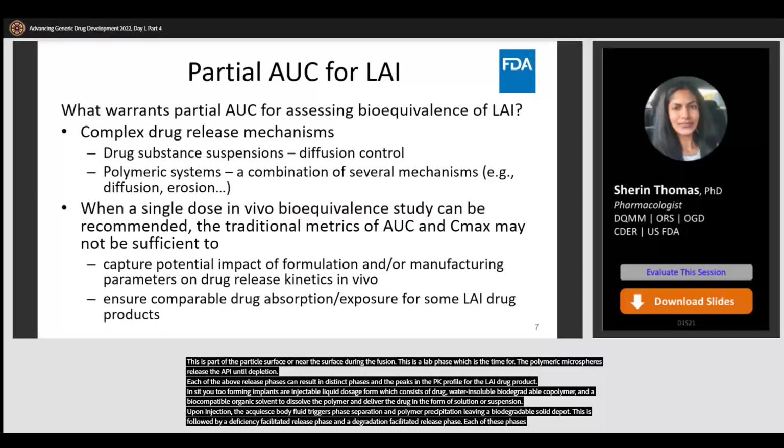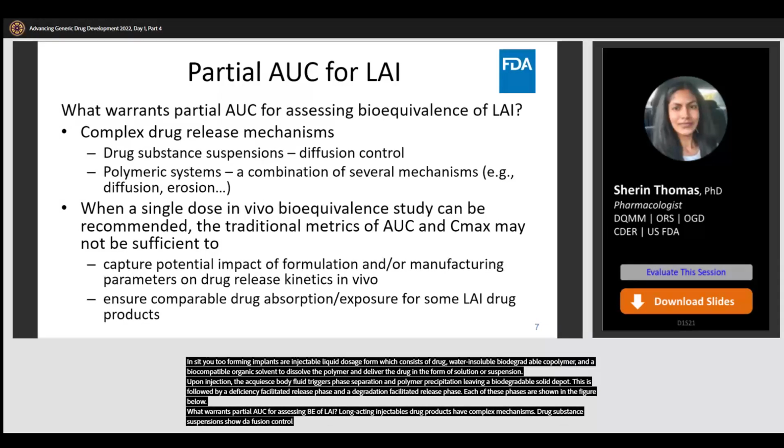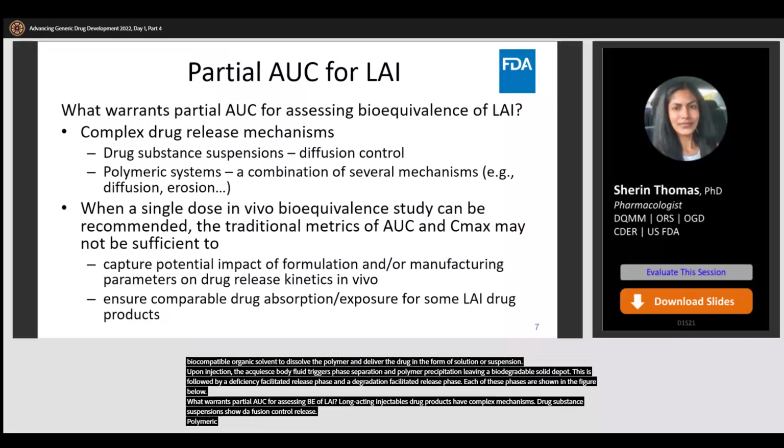What is partial area under the curve for assessing BE for long-acting injectables? Long-acting injectable drug products have complex drug release mechanisms. Drug substance suspensions show diffusion-controlled release. Polymeric systems show a combination of several mechanisms such as diffusion, erosion, etc., as we saw in the previous two slides.